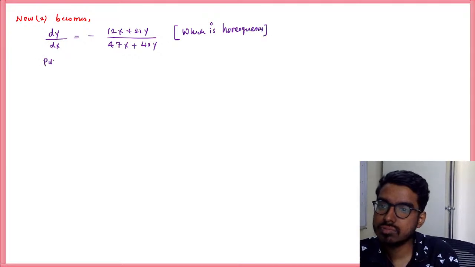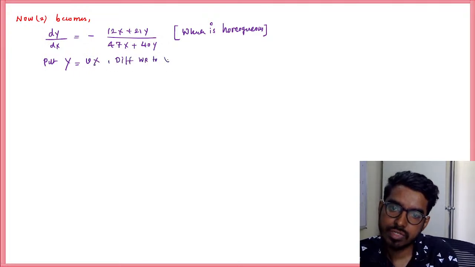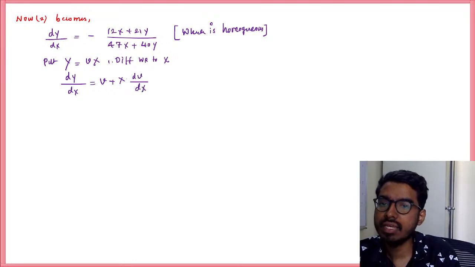So put capital Y equal to vX. Differentiate with respect to X, we have dY by dX is equal to v plus X into dv by dX. Let's call this as 3.